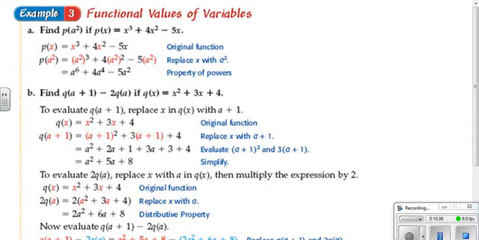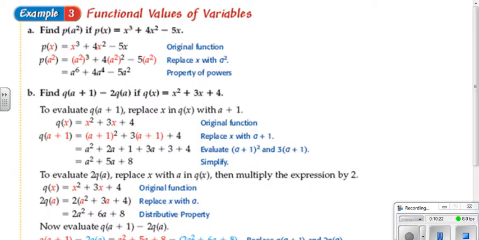Now, what if the value that we're trying to plug in is still another variable? So it's not as simple as just plugging in numeric values. Well, we would do the same thing as we would with numeric values, only apply that to variables.